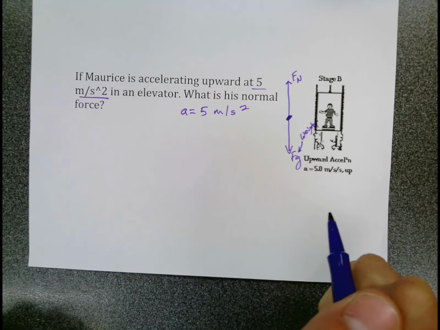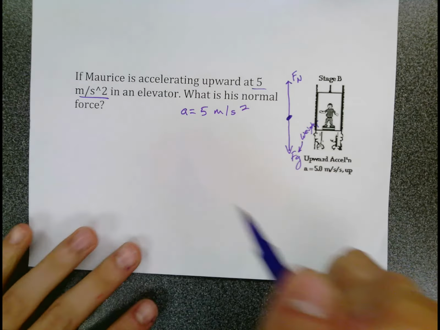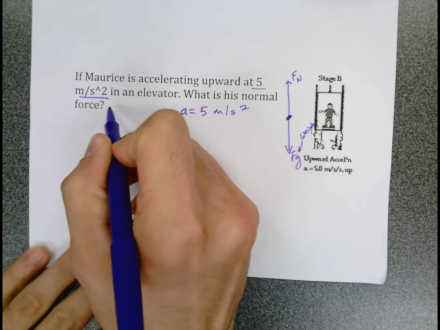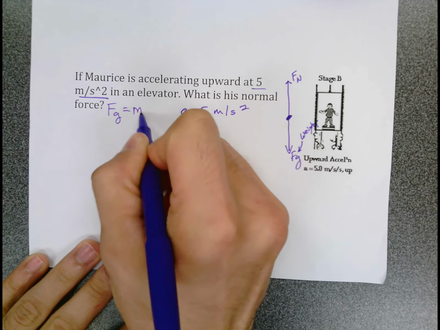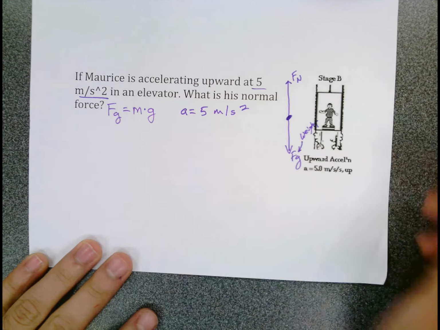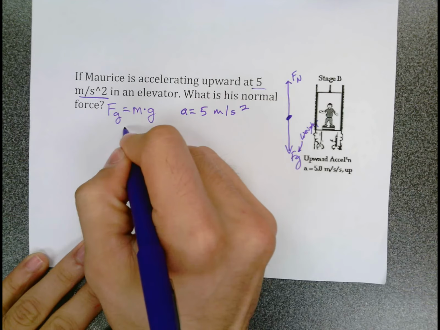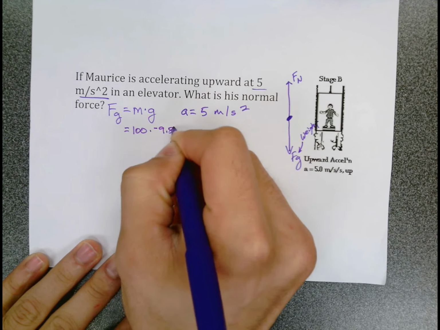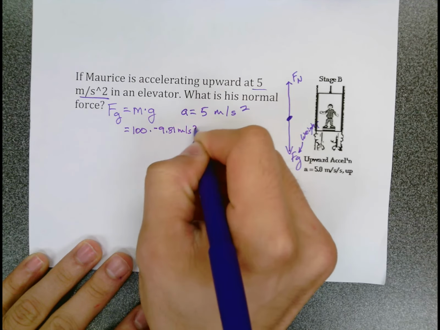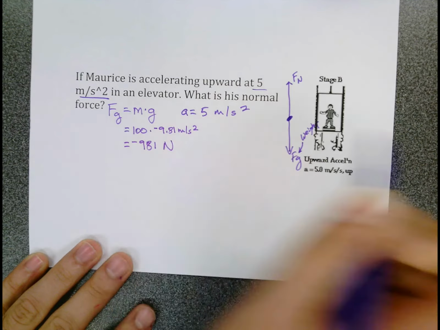We also know Maurice's force of gravity from the previous example: it is equal to mass times the acceleration due to gravity, mg. In the previous example, we calculated it to be 100 times negative 9.81 meters per second squared, which gives us minus 981 newtons.